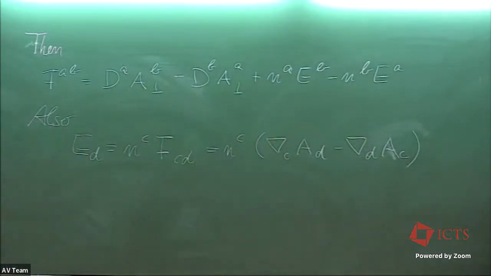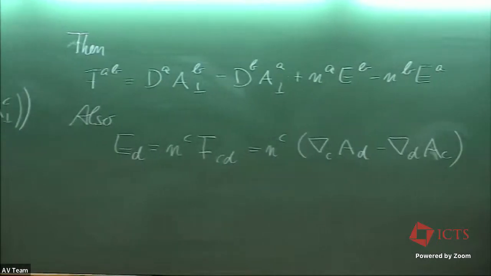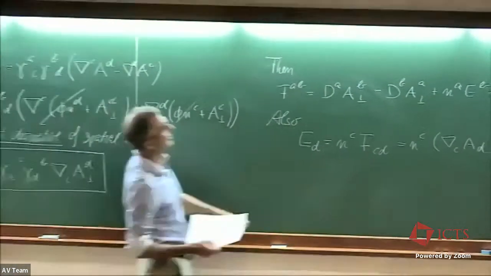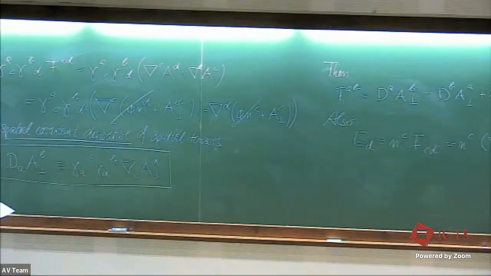What happened to these gammas? This gamma is contracted with ED, but ED is spatial already. So when you project a spatial vector, you get the same vector again. So this just gives me EB. That's why we have an EB here.